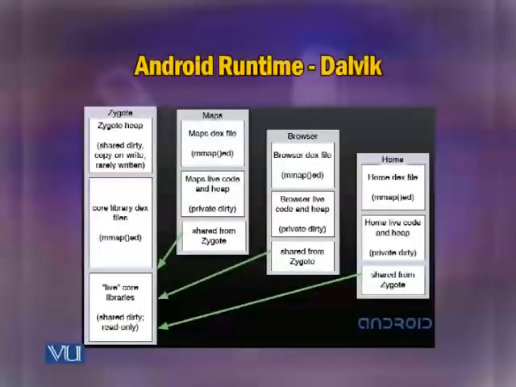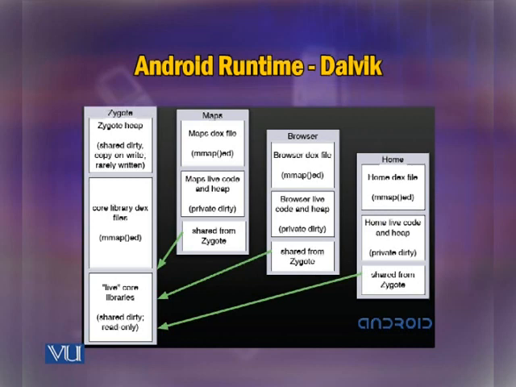On the slide I am showing you the Zygote process relationship with other processes. मेरे पास 3 applications हैं. I have a map application, a browser application, and a home application. आप स्क्रीन पे देख सकते हैं कि in addition to their own data structures, at some point they refer to the core libraries that are loaded by Zygote. And this is the benefit of having a Zygote process, that now we have a shared space where the core libraries are shared.